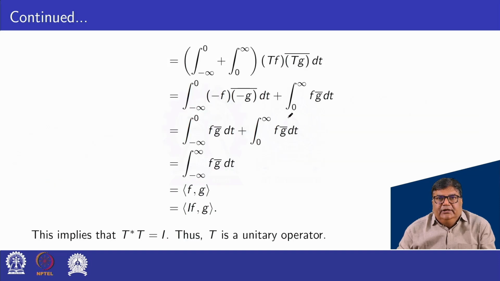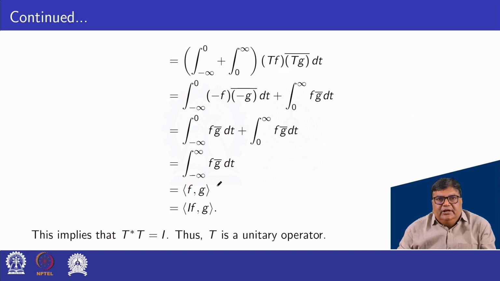So here the value of Tf is f and the value of Tg is g. Here minus and minus is plus. So the integral from minus infinity to 0 of f g bar dt plus 0 to infinity of f g bar dt. Hence this integral can be written as the integral from minus infinity to infinity of f g bar dt.